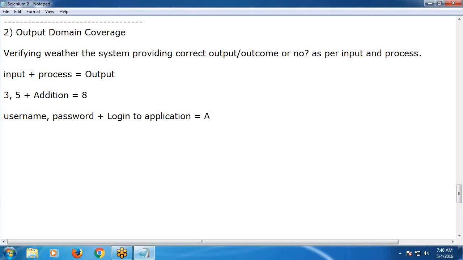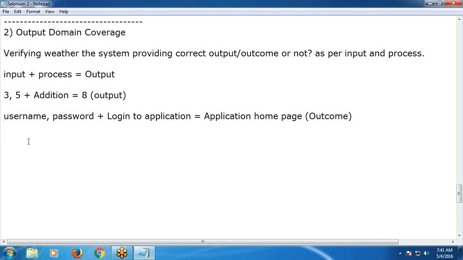Next, the application home page. For example, the application home page. This is the outcome. Mathematical value, output. Okay, you can use the term output for both scenarios, no issue. Mrinal, any confusion? Output domain coverage, verifying whether the system is providing correct output or not. No. Correct output or not.